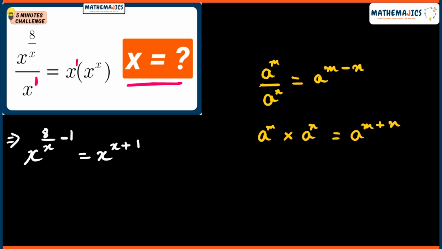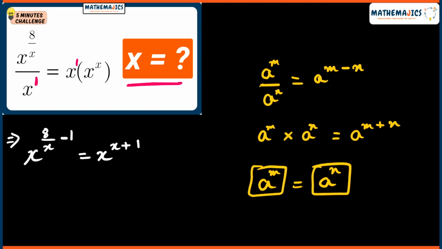We have one more rule. What is that rule? That rule says that if the left side of the equation is equal to the right side of the equation and the base numbers are the same, in such a case, the powers have to be equal. Then only this condition is possible.